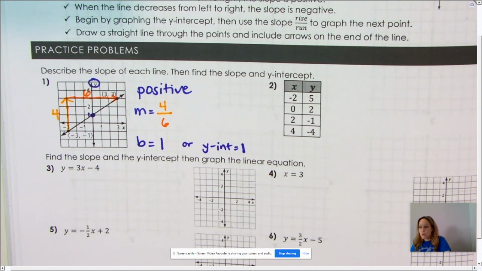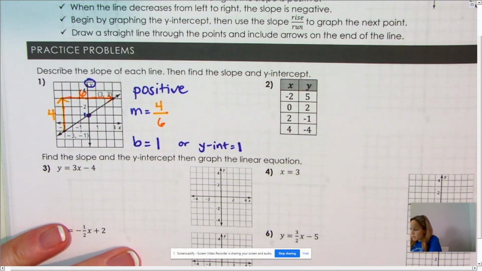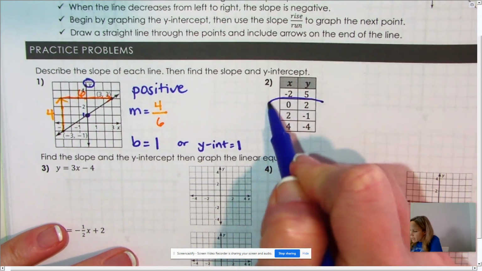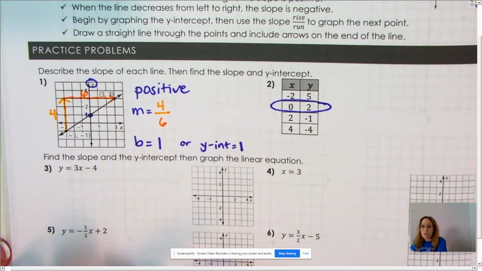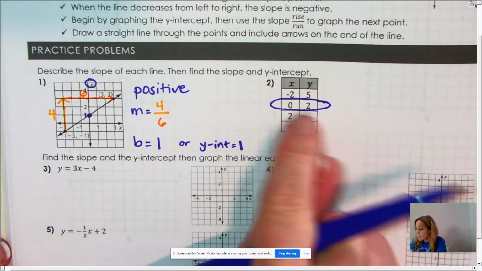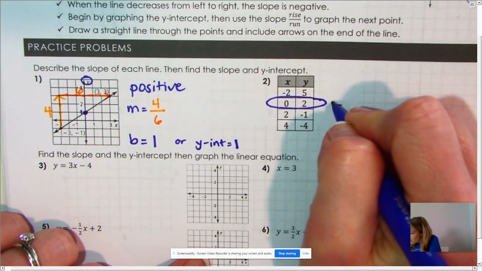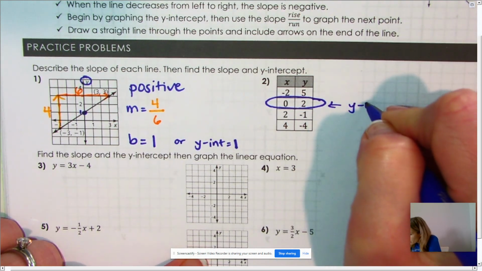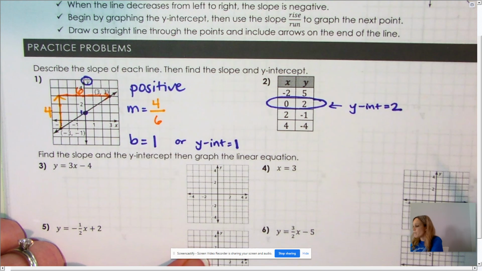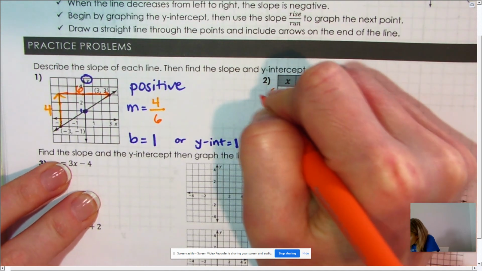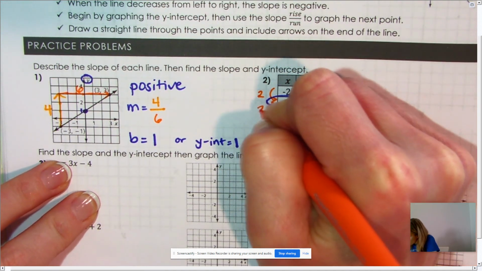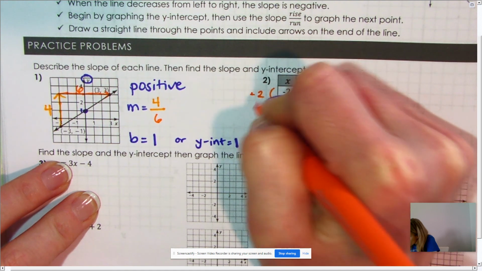Question number 2, we have to do the same thing, okay? So remember, anytime the value of x is 0, that's going to be our y-intercept. So if the value of x is 0, that right there is the y-intercept. So the y-intercept would be 2. Okay, now we're going to look at the pattern. So in the x direction, I went over by 2, over by 2, over by 2, and they were positive 2.